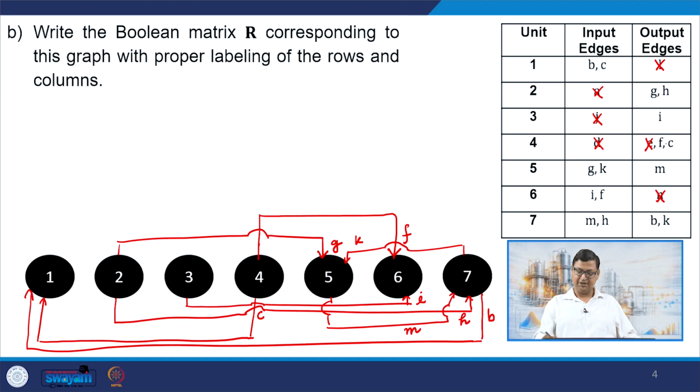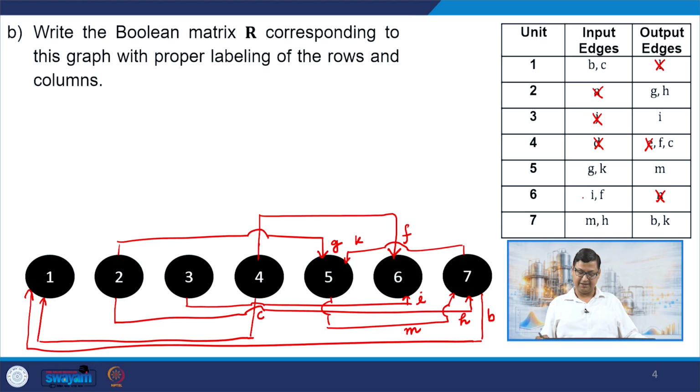For 4, there is an output as F going to 6 and output as C going to 1. For 5, there is an input as G coming from 2 and there is an input as K coming from 7 and there is an output as M going to 7.